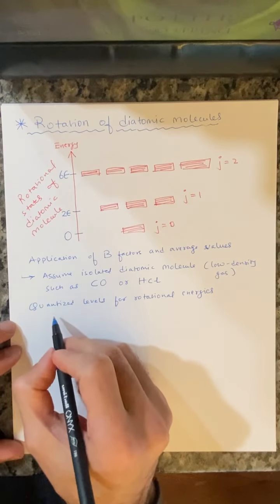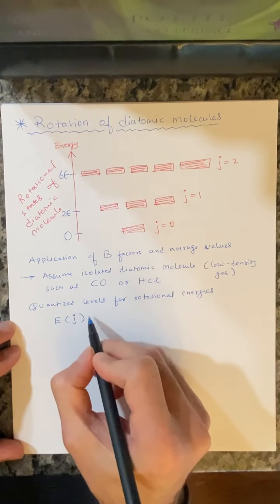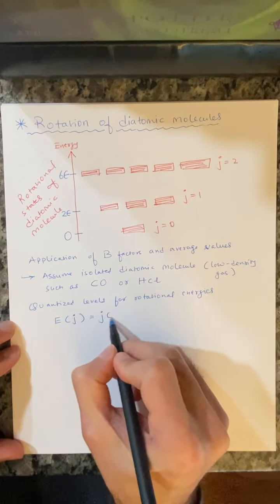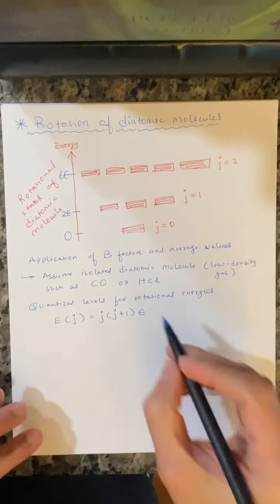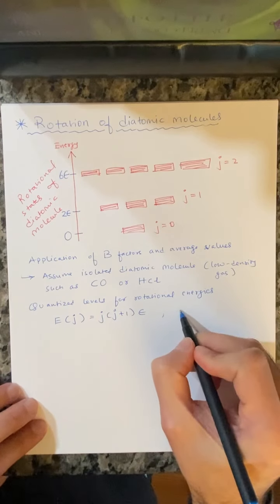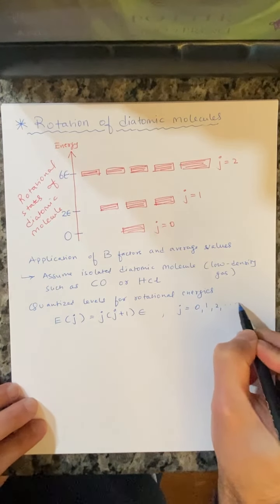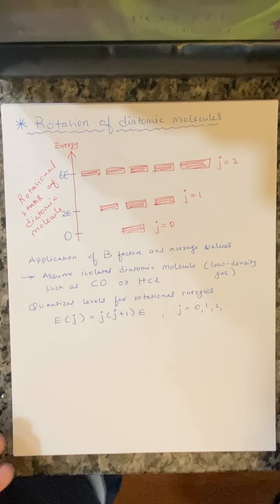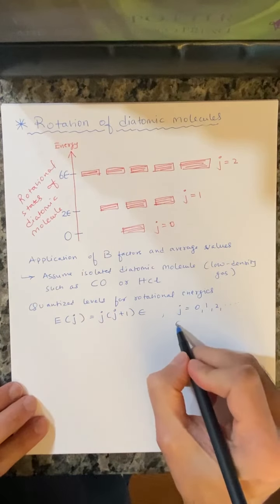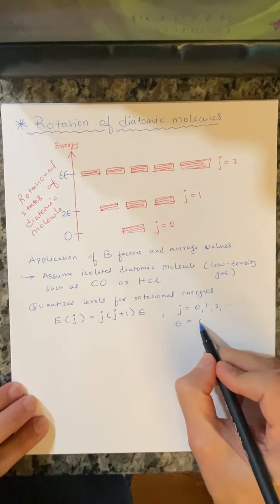In this case, the energy is E of J equals J times J plus 1 times E, where J equals 0, 1, 2, and so on. E, I'm just going to call this E or a constant.